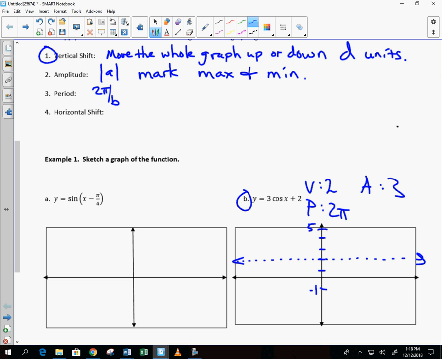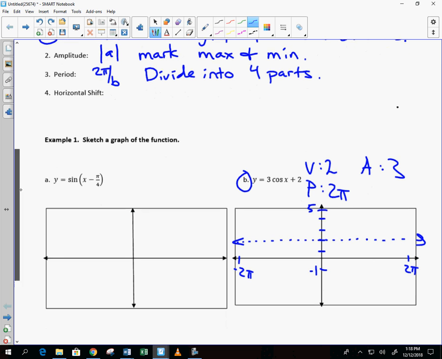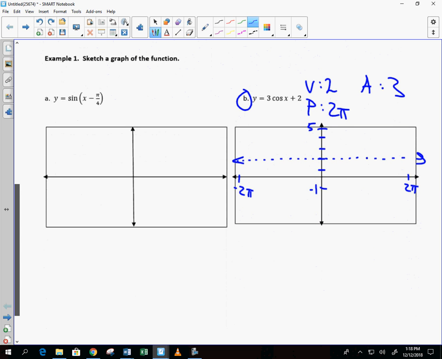Once I find the period, I mark it off into how many spots do I divide it up into? 4. Why 4 parts? How many quadrants are there? There's four quadrants. It takes sine a full rotation around the unit circle to go through its progression. So I'm going to divide this into 4 parts.